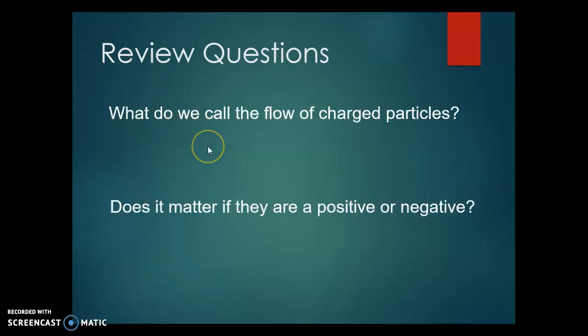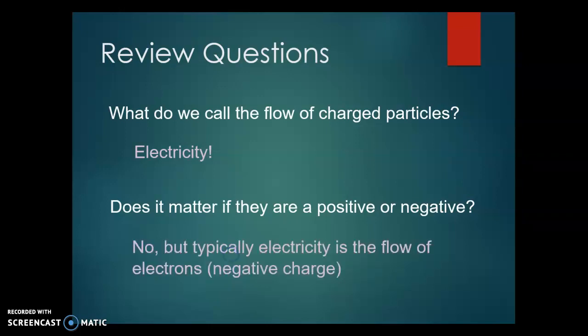So what do we call the flow of charged particles or charged electrons? What do we call that flow? Take a second. It is called electricity. Does it matter if they're positive or negative? No, but typically electricity is a flow of electrons, and electrons have a negative charge.